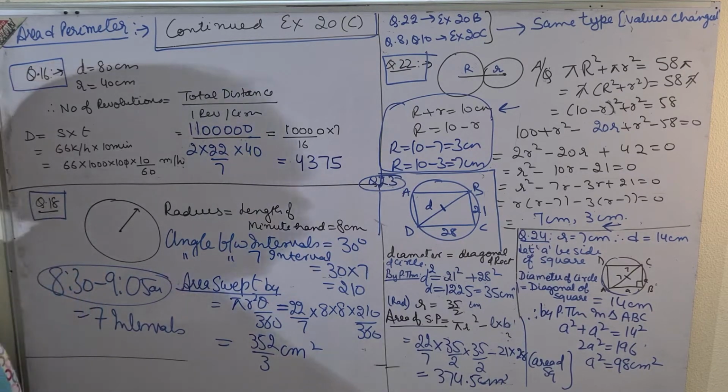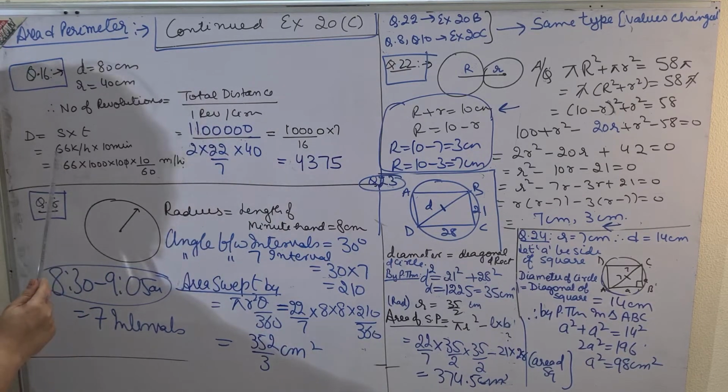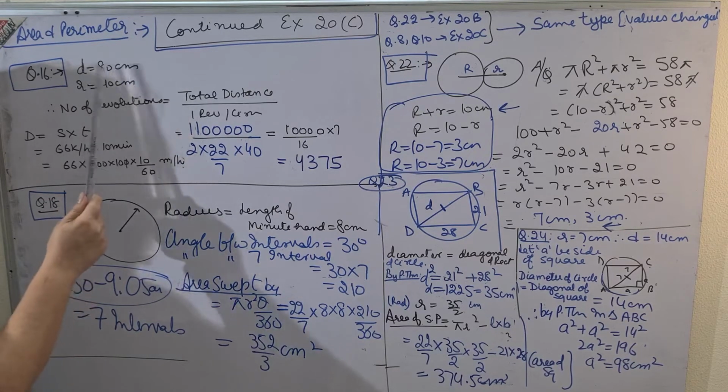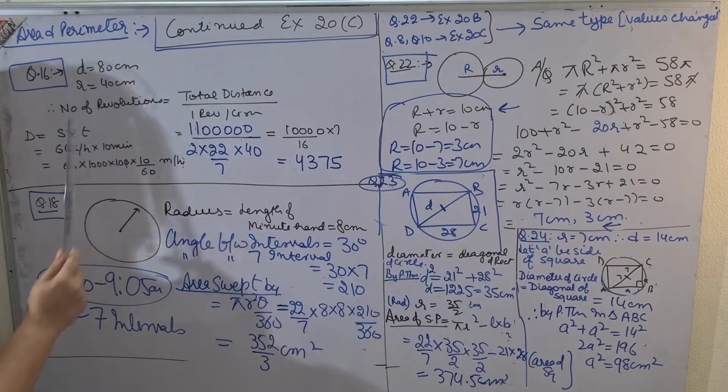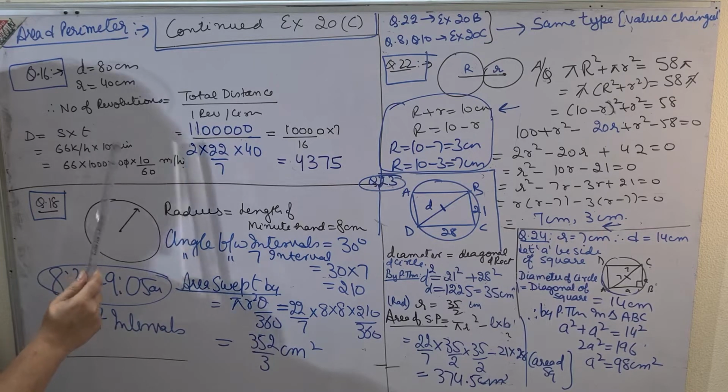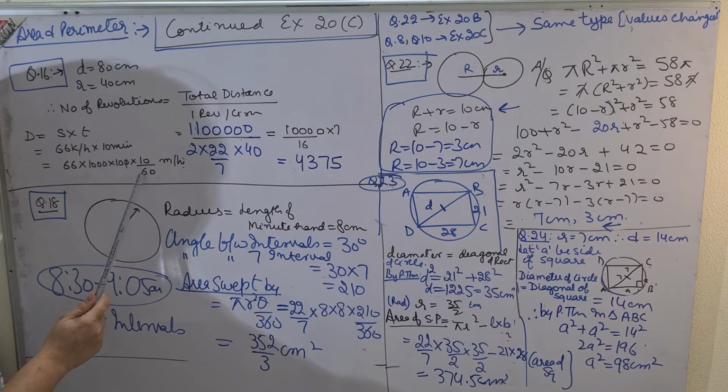Before also I made you understand the units have to be the same. So I converted kilometer into centimeters, because my radius was in centimeter. To convert kilometer into centimeters, I multiplied 66 by 1000 and 100, and to convert minutes into hours, I divided the minutes by 60.